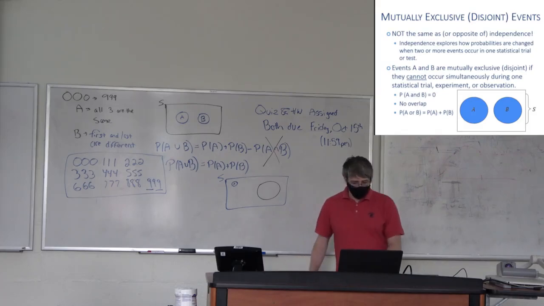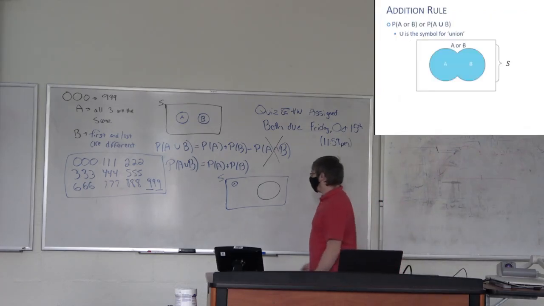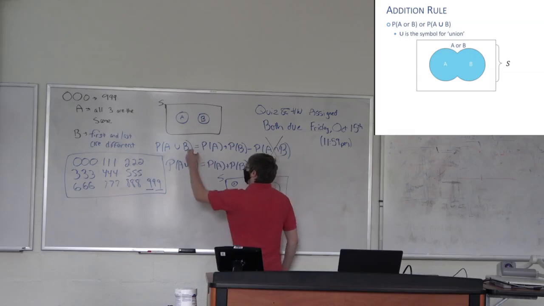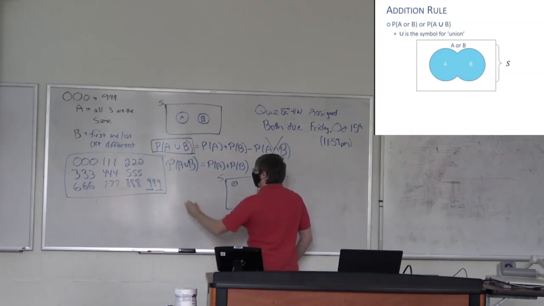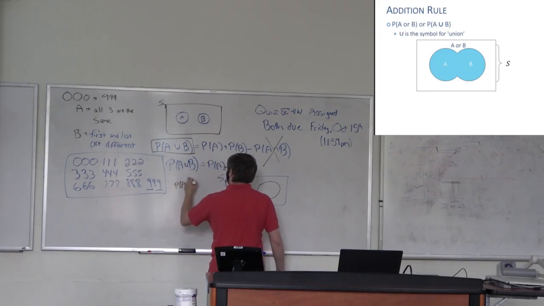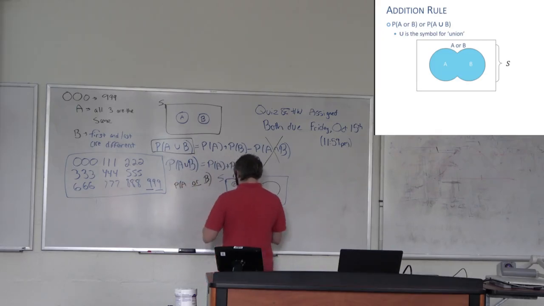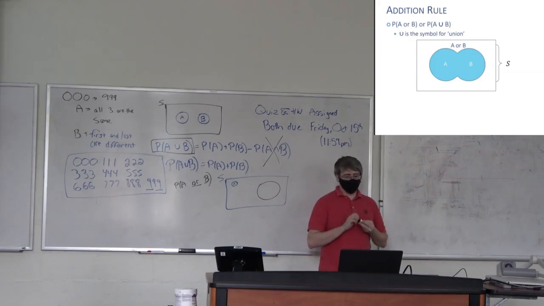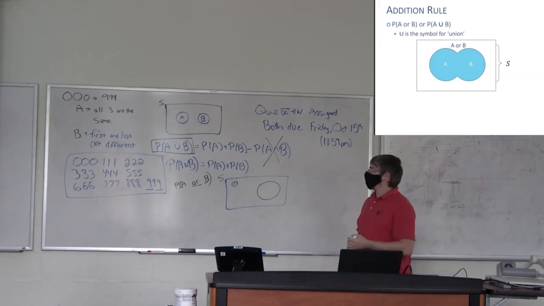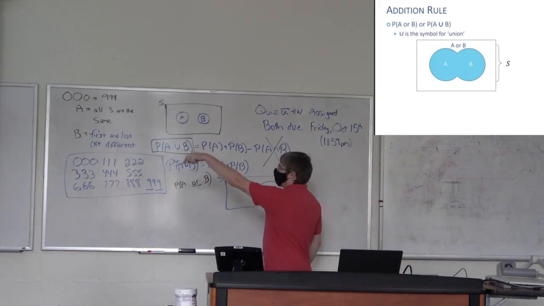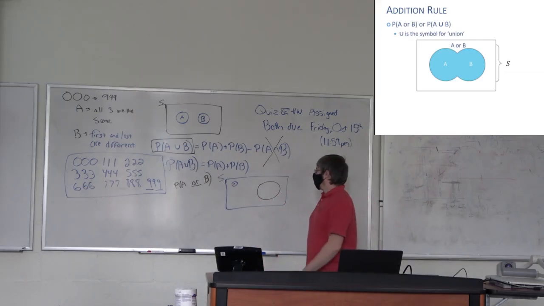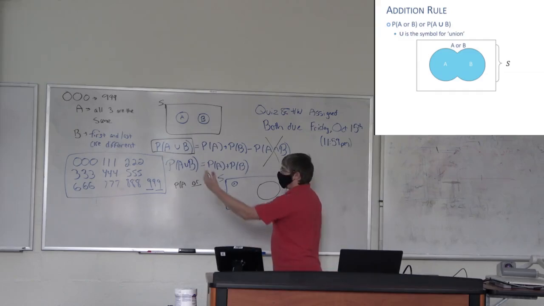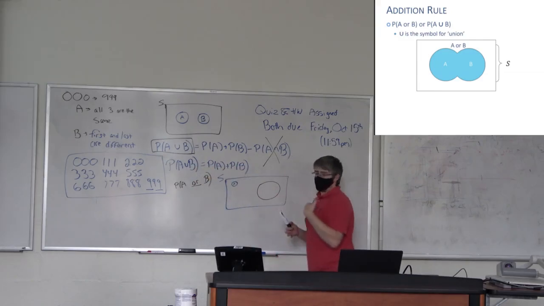And so this leads to the addition rule, where I've said P of A union B. It's the same thing as P of A or B. We discussed last time the intersection between the two, but U is for the union. And so the Venn diagram that I have up there, the common space in between, you incorporate that.